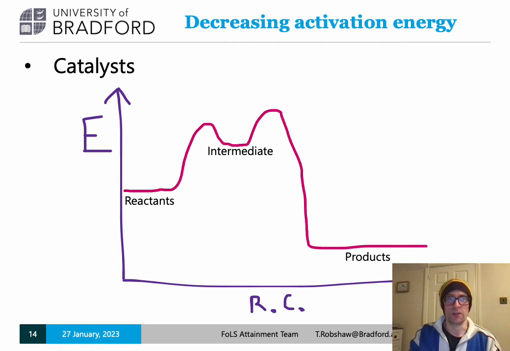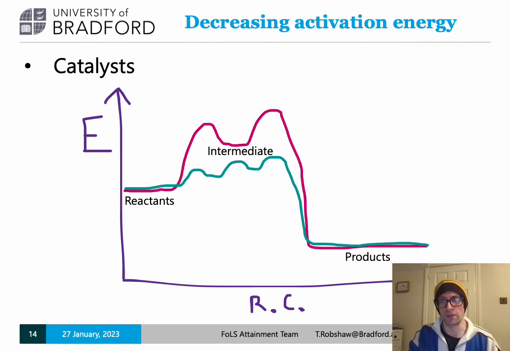What actually happens is that they normally go through one or more intermediates. If you're not familiar with these definitions, again, I direct you to the thermodynamics video. What the catalyst does is allow a new lower energy intermediate or intermediates to form, ones with lower activation energy than you would otherwise get.